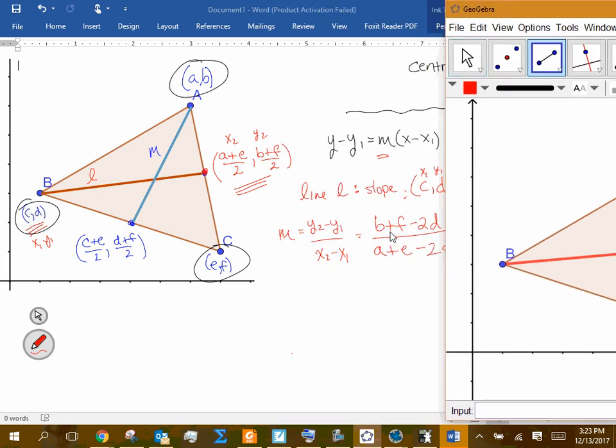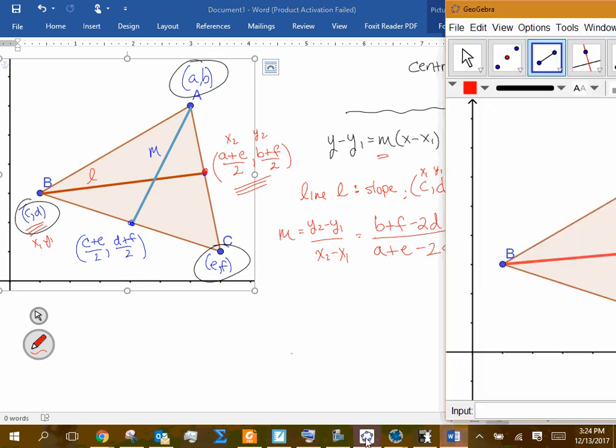So b is this b value. Don't worry about what I'm typing in down here, but this b value is the y value that came from point A. So that's another way of just saying b. GeoGebra has to use the y value of A. Plus, now f is the y value of C, so I'm going to say the y value of point C, minus 2 times d, which is the y value of B. So that's the numerator.